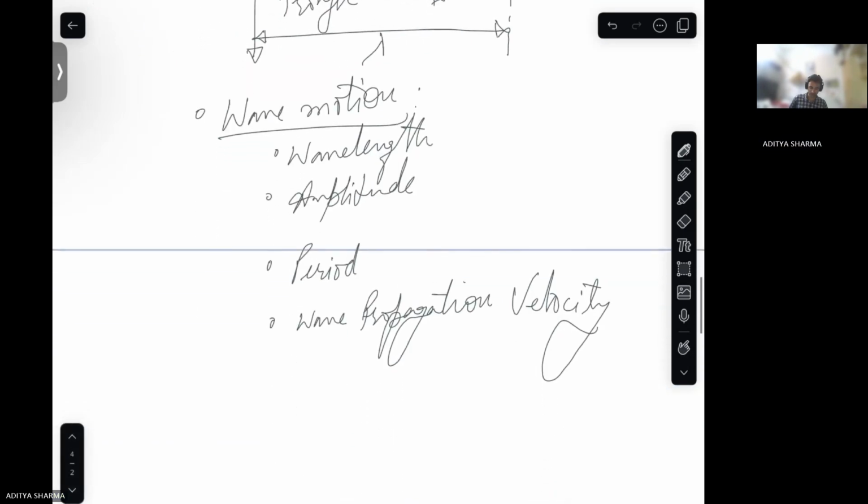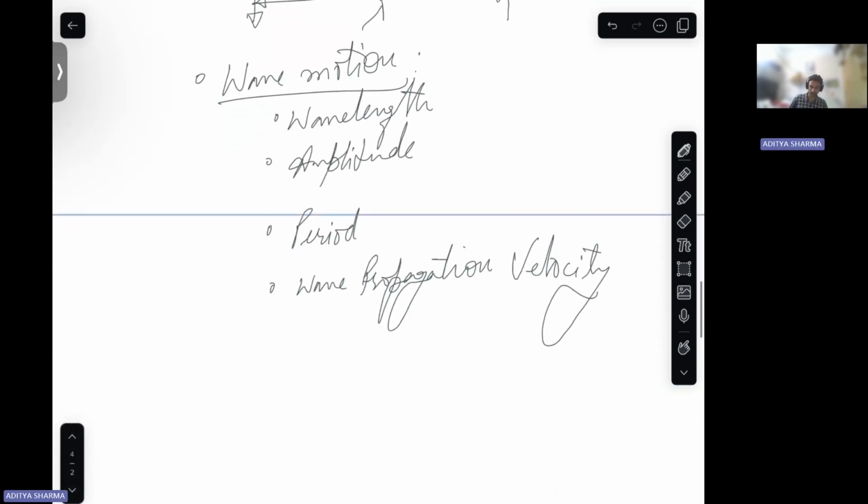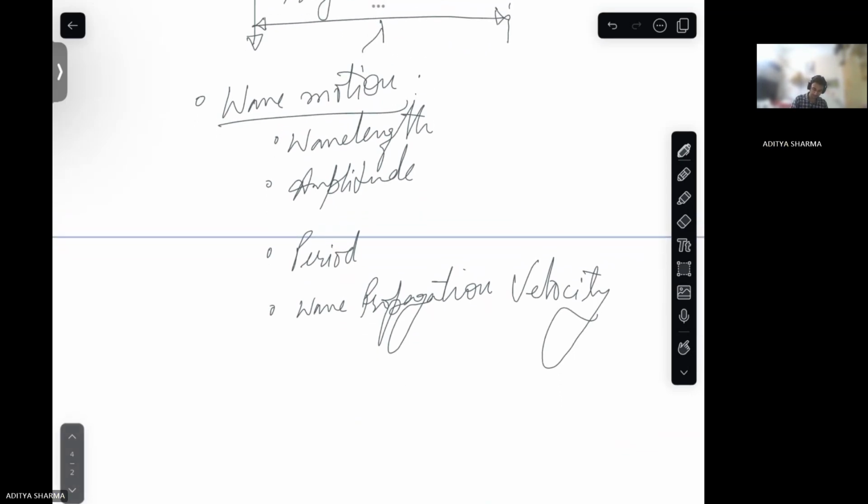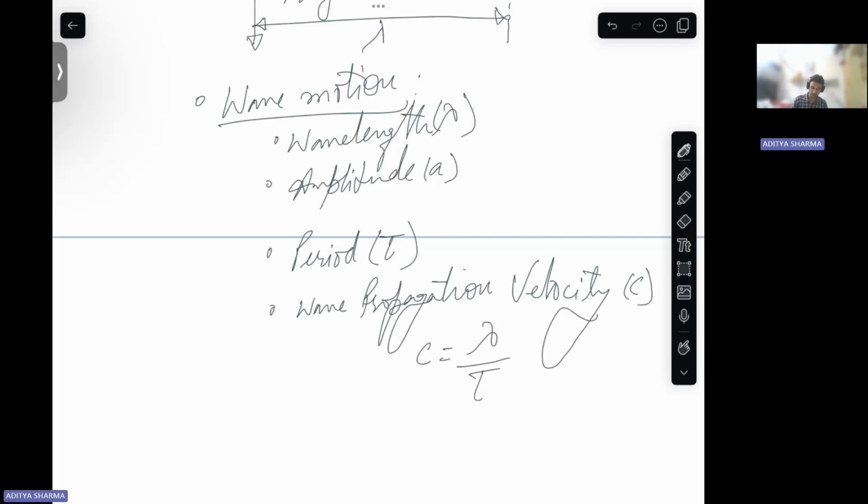Okay. And what is wave propagation velocity? Wave propagation velocity is, if this is lambda, if this is amplitude A, this is period tau, then wave propagation velocity c is lambda by tau.